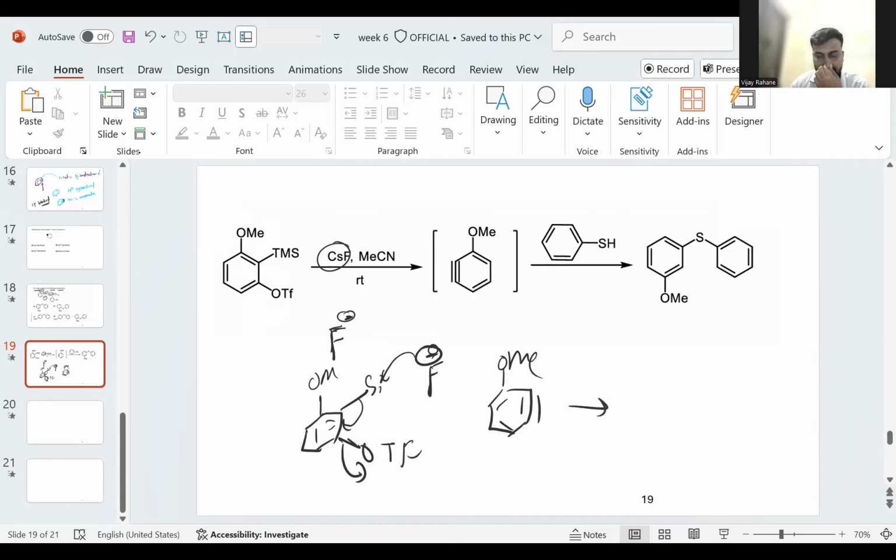And once this benzyne is formed, this again reacts with the SH. Now, at which position is this SH going to attack? So SH attacks at this position. This bond goes here, and then it abstracts the proton from the solvent. So this is SPh, and that's the OMe group.